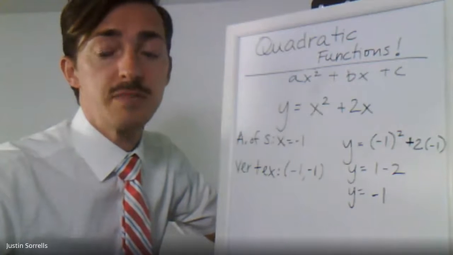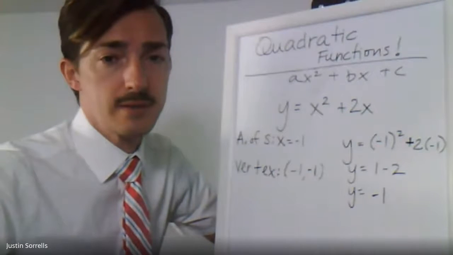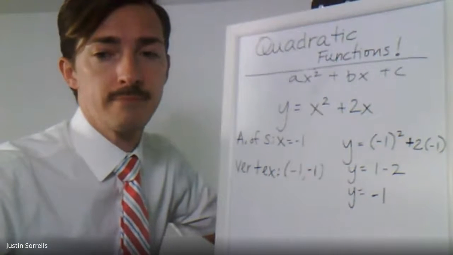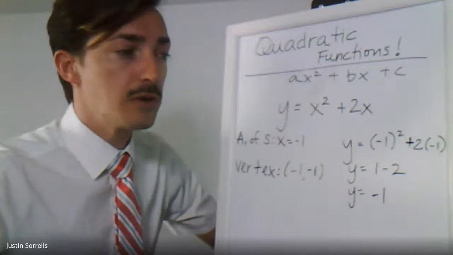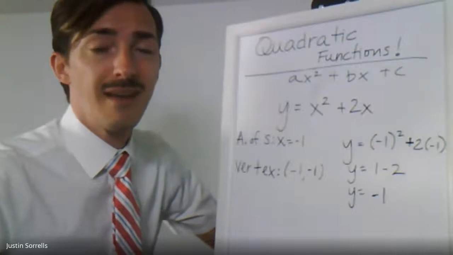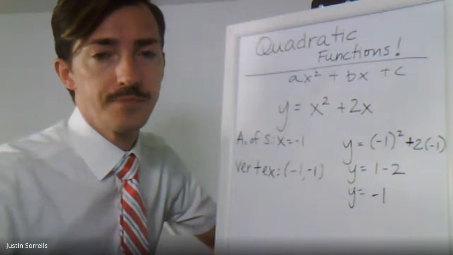Okay. Does anybody have any questions specifically about the axis of symmetry or about the vertex of a quadratic? Easy. It's kind of easy. Okay, well, if there are no more questions about those two things, I will touch on some of the notes from 8C.